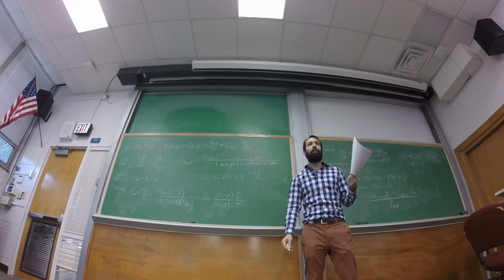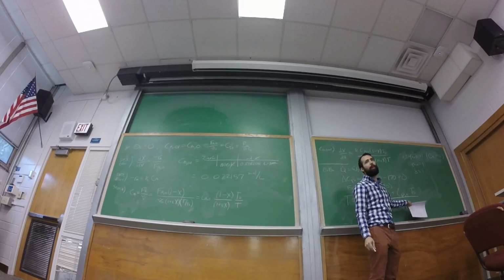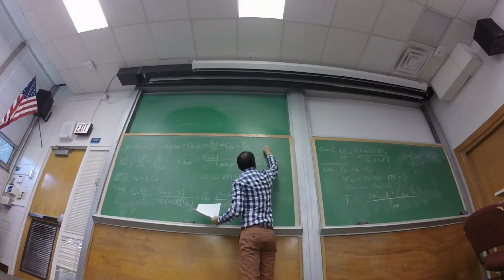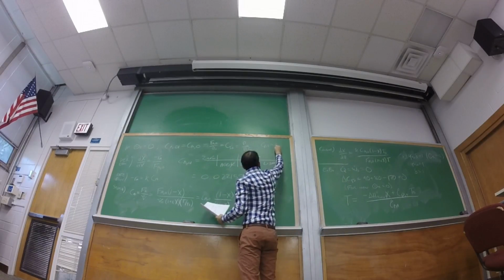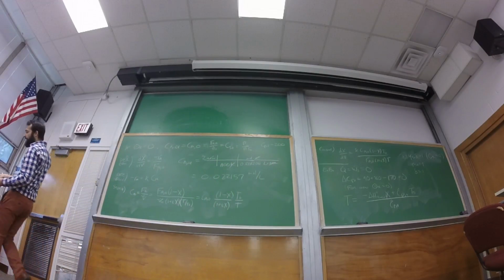Now, if the inert wasn't 0, you would also have terms in here for the heat capacity of the inert. I think I forgot to put that down, but I'm fairly certain that it's 200. I'll double check real quick. We don't need it right now.